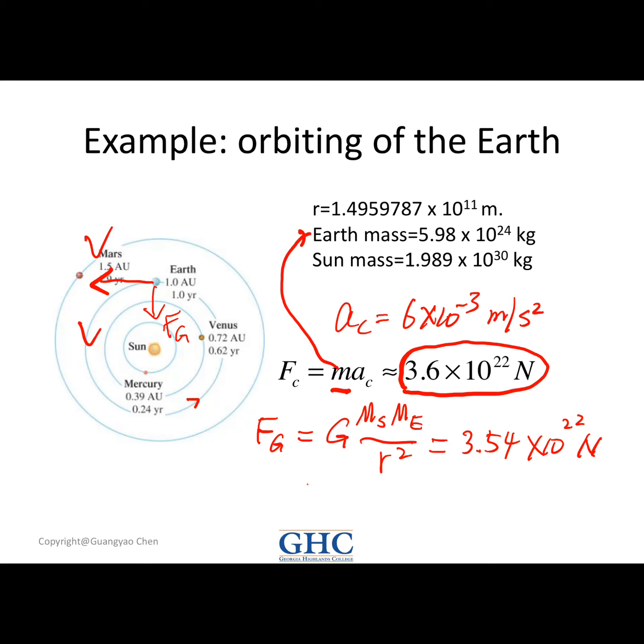So Fg actually indeed roughly equals Fc. So Fg is the source of the centripetal force on Earth. That is the majority of the force. Of course, there are other planets surrounding Earth, and those planets might also have a gravitational force acting on Earth, and that's why Fg is not exactly Fc, but very, very close.